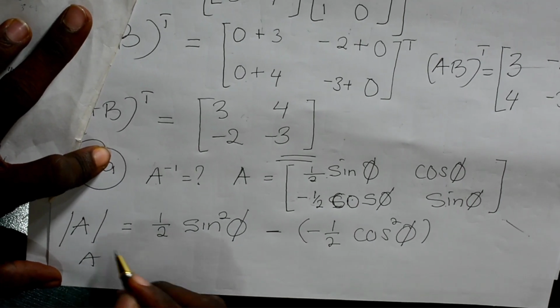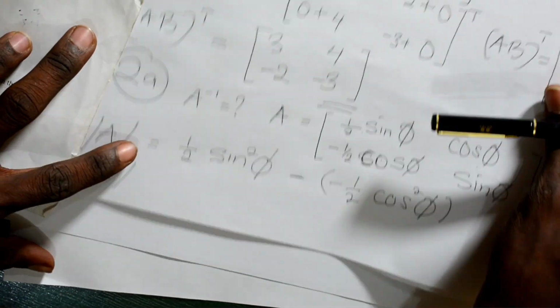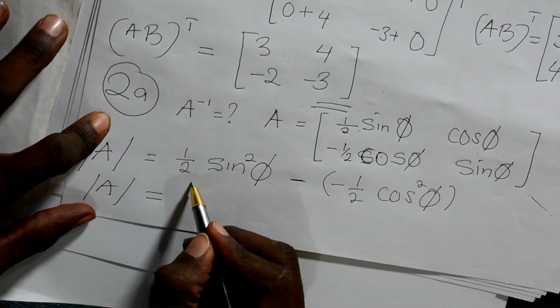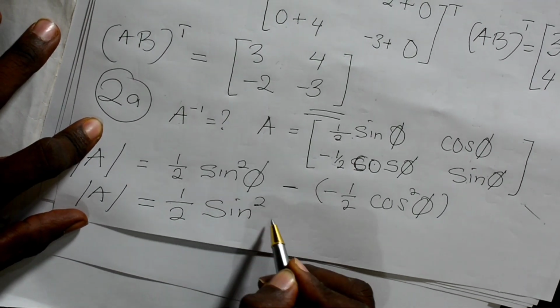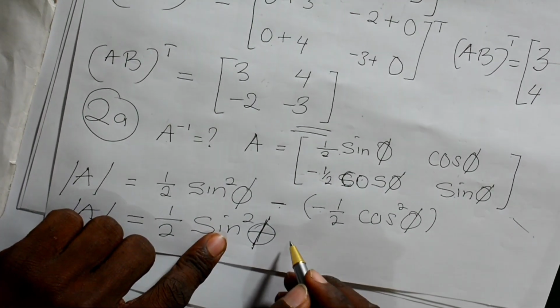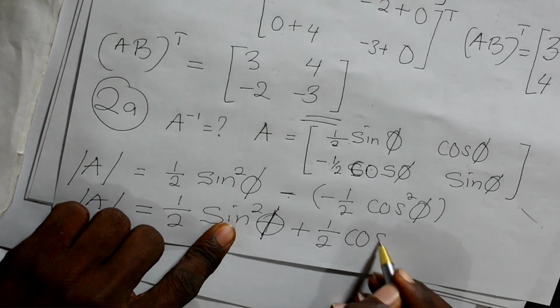So now the determinant of A will be equal to 1 by 2 sin square psi, then minus times minus plus 1 by 2 cos square psi.